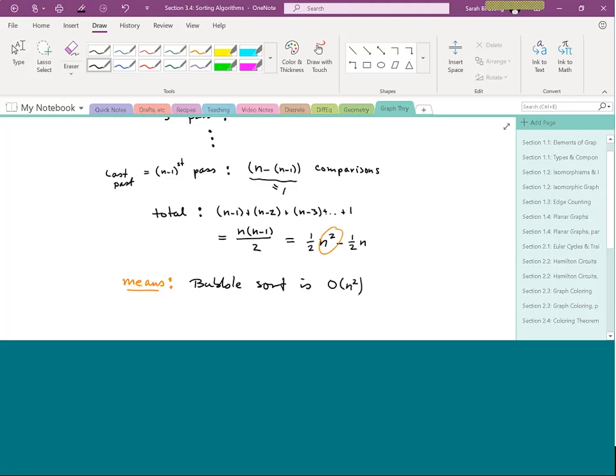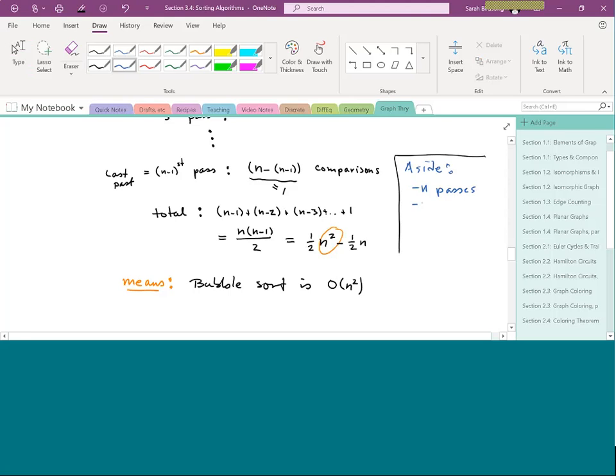Now, this was actually trying to get the fewest comparisons possible. If you didn't worry about the fewest comparisons possible, so side note, what happens if you did all n passes, so you didn't stop early?